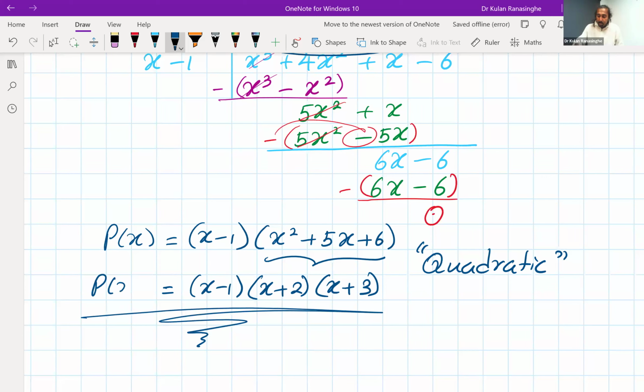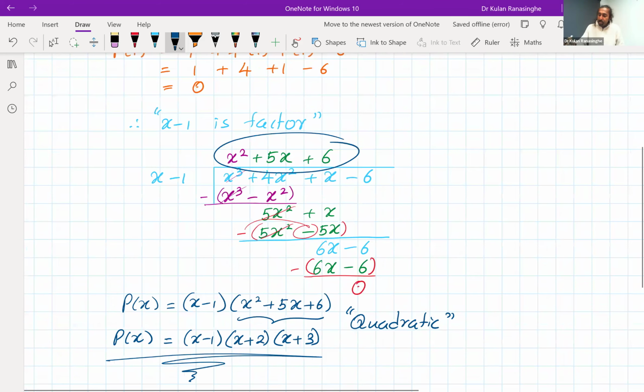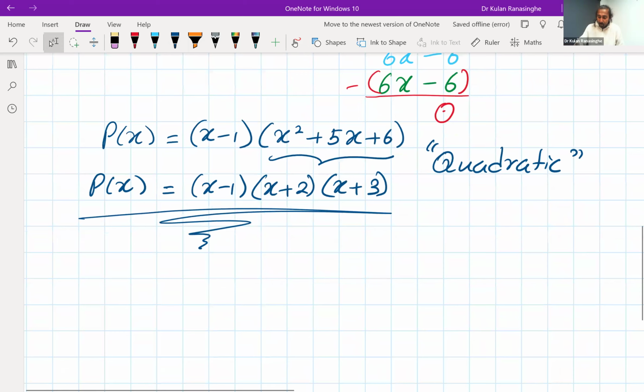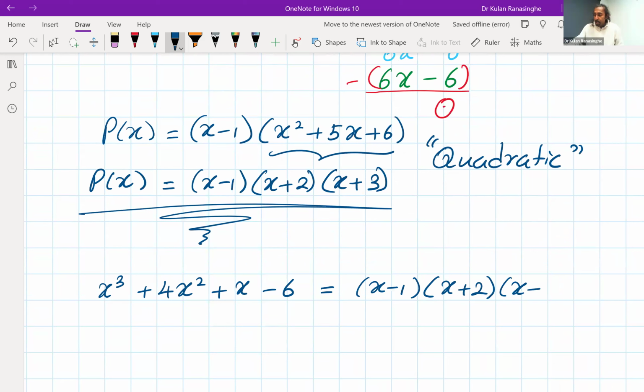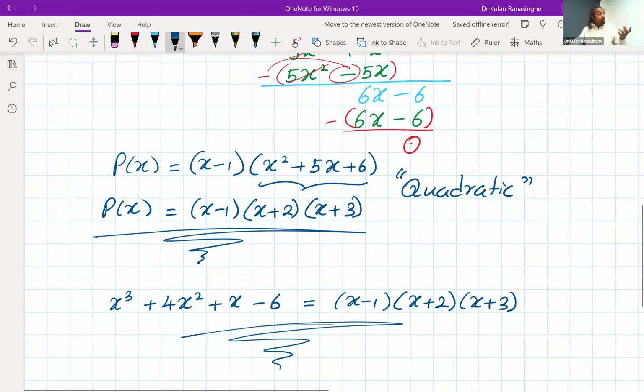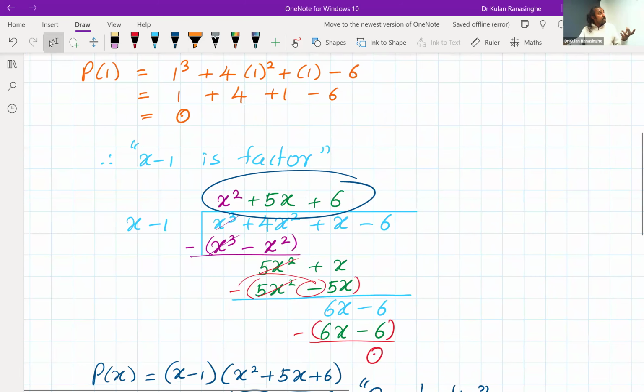We factorized x cubed plus 4x squared plus x minus 6 as (x minus 1)(x plus 2)(x plus 3). That's how you factorize the given polynomial using the factor theorem.